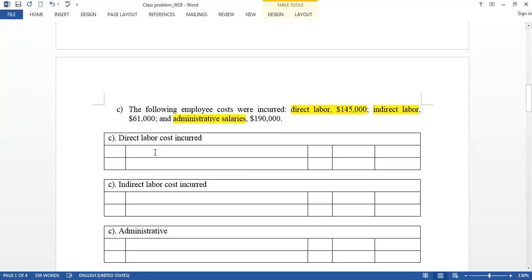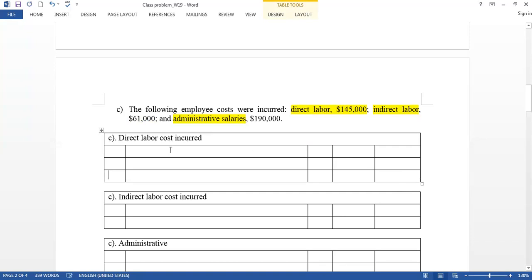So as it is direct labor, work in process inventory debit, and this direct labor salary is already paid in cash, so cash credit. $145,000 direct labor salaries transferred to work in process and paid in cash.